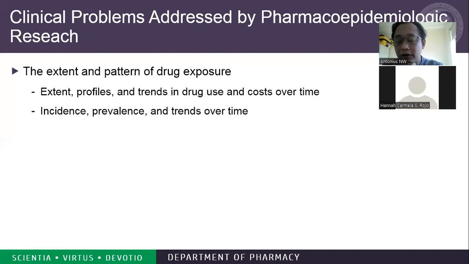Probably the use of antibiotics is more intensive in the city, but not as extensive in rural areas. So we can study the extent and pattern of drug exposure or drug use in society using drug utilization review.